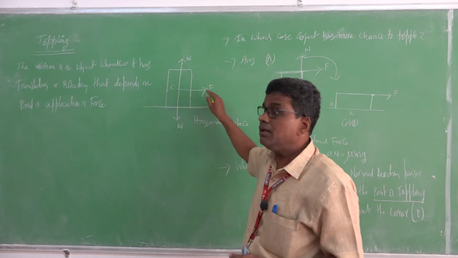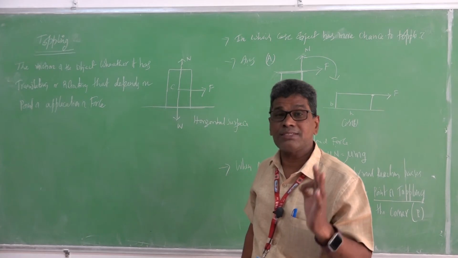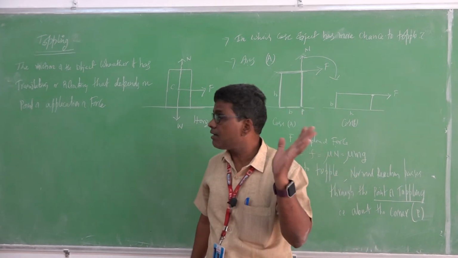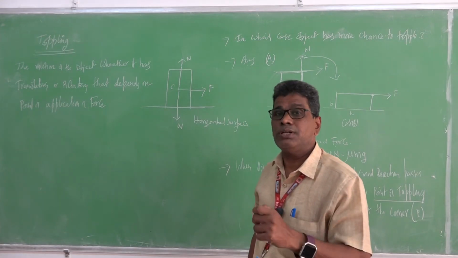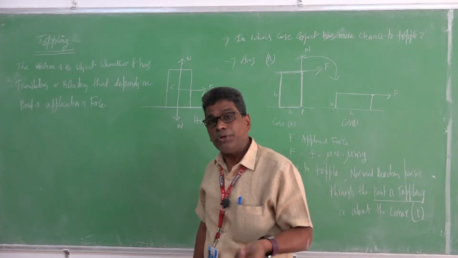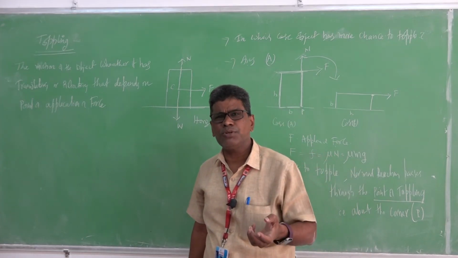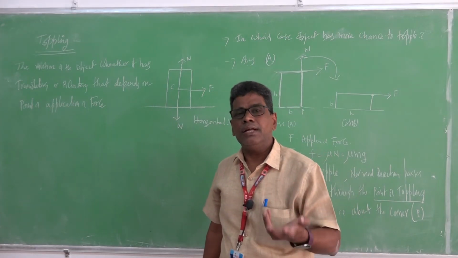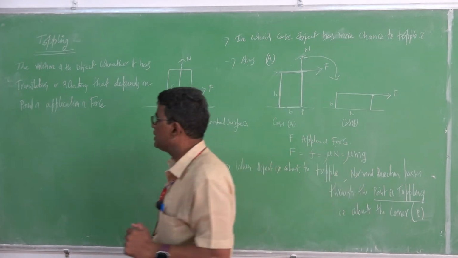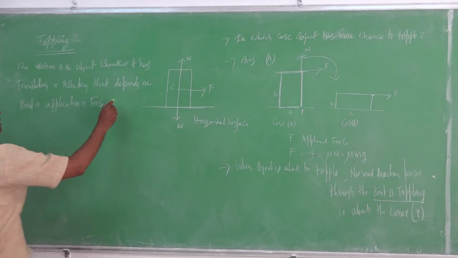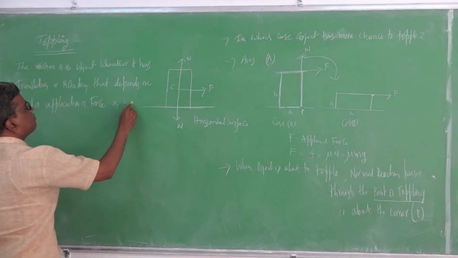So if an external force acts at the center of mass, the body undergoes pure translatory motion. Clear? But the body may have rotatory motion also. So how can you decide whether the body has translatory or rotatory motion? That depends upon the point of application of force and magnitude of force.